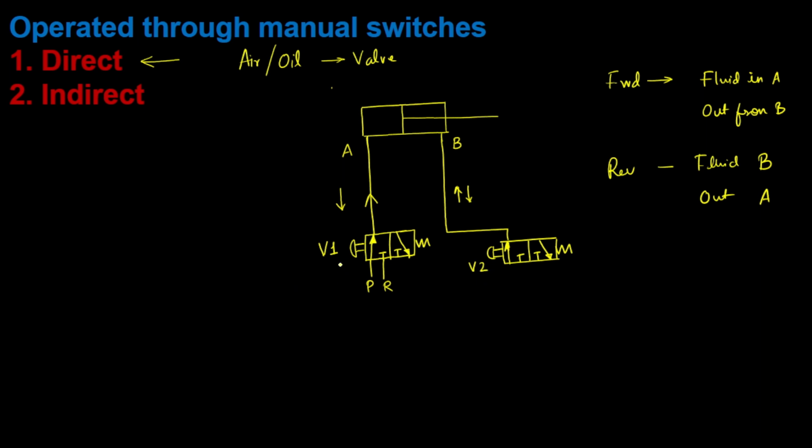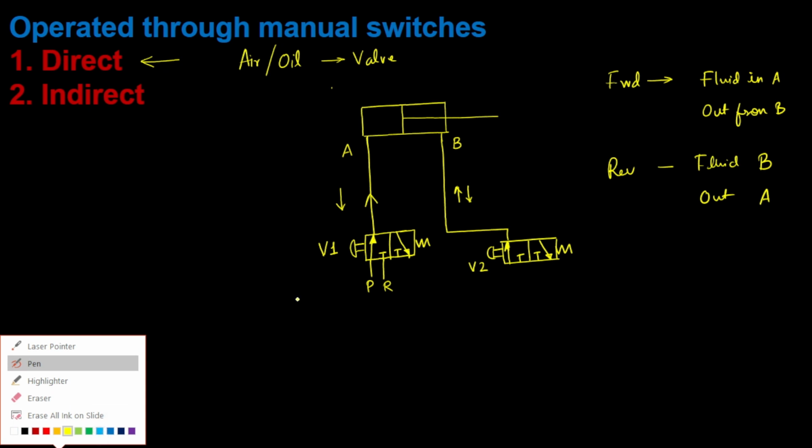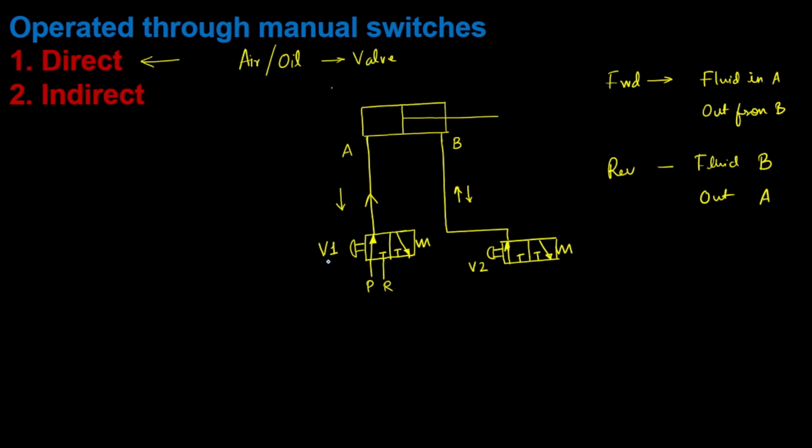So when V1 is pressed, then what will happen, that we have to analyze. When V1 is getting pressed, when we activate V1, then this particular line will carry high pressure which will fill here and the low pressure will move out from this line, because we are not doing anything, no action on V2.